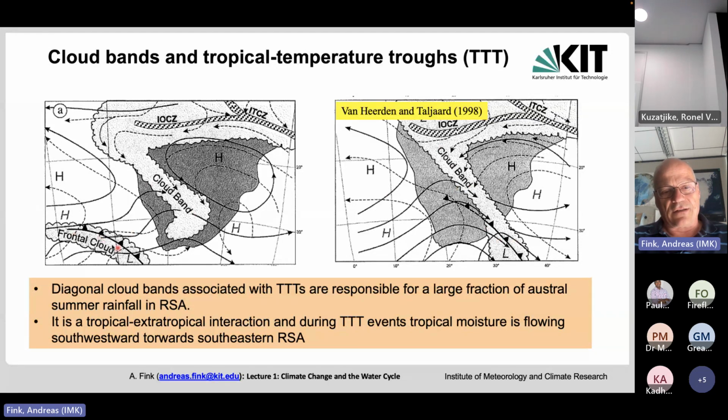You see here a frontal system. I can't go into detail, but such cloud bands need an interaction between the tropics and mid-latitude frontal systems to appear over southern Africa. Their appearance or not in a season is very important for whether the rains are good in that part of South Africa or not.